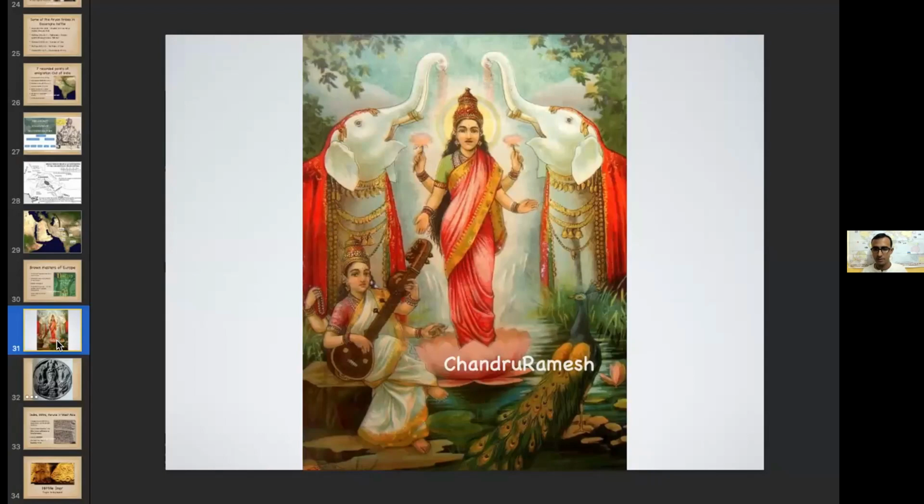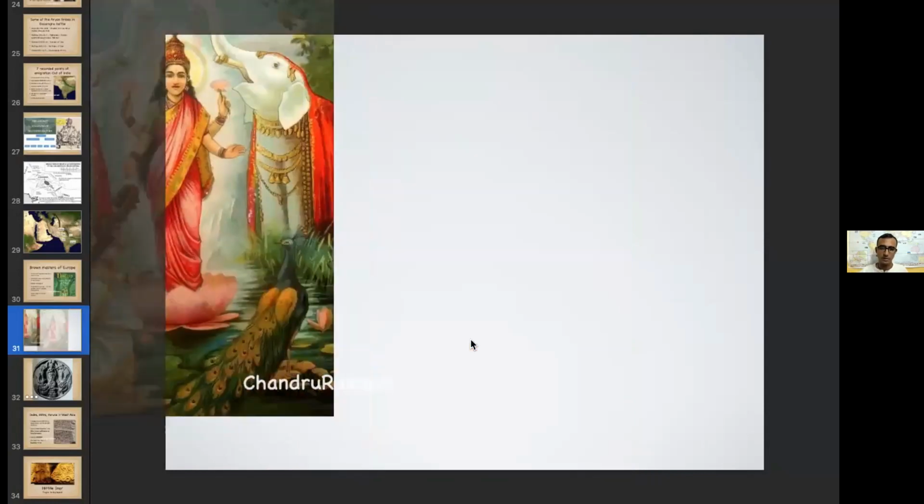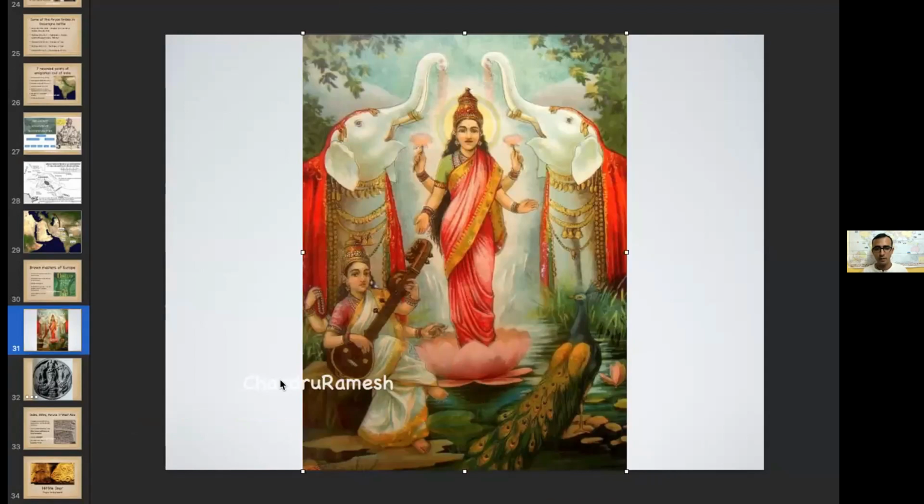Lakshmi Devi is standing on a lotus, and what we can see is 2 elephants doing Abhisheka with water to her, and Saraswati Devi is sitting next to her.